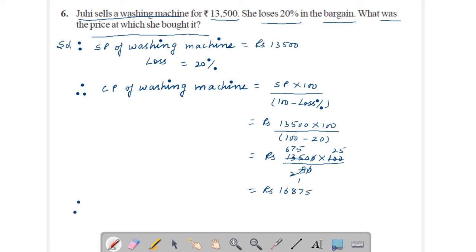Therefore, CP of washing machine is equal to rupees 16,875. This is your answer.